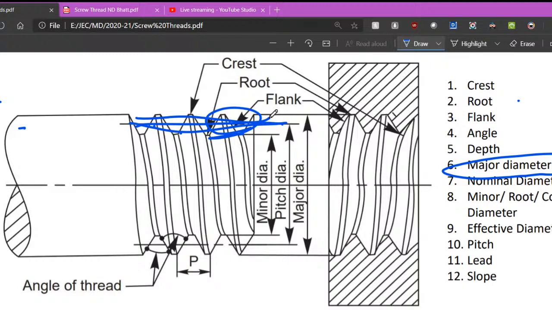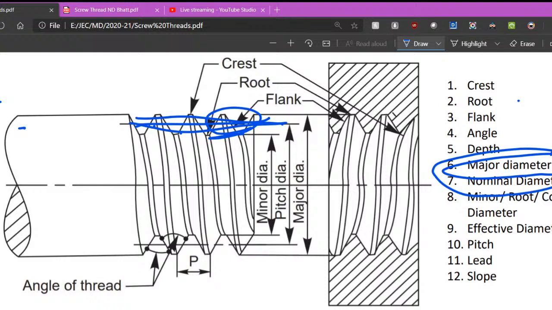So that's why we call it major diameter. But in the general sense, that deviation is so small that we consider it almost negligible. So in layman's terms, we call it the same nominal diameter.